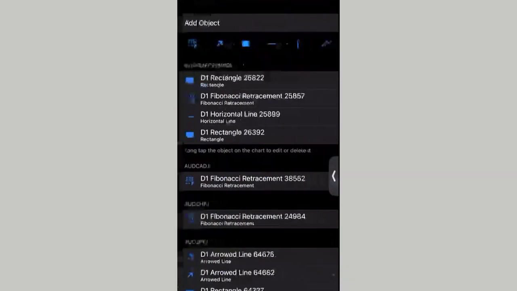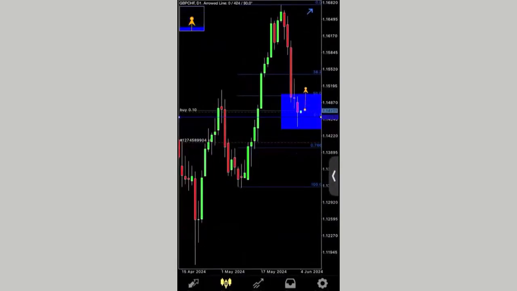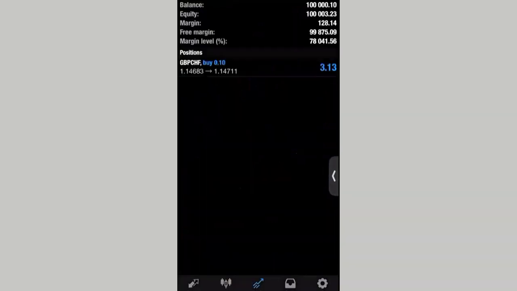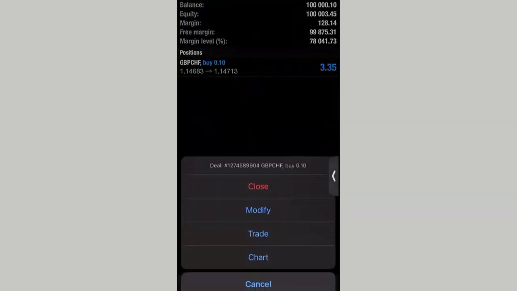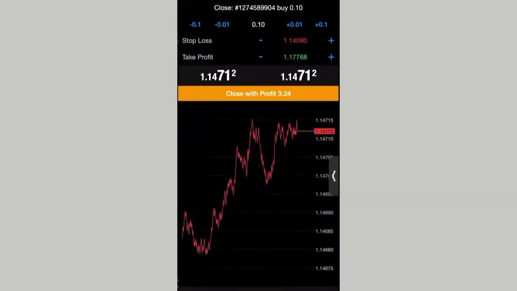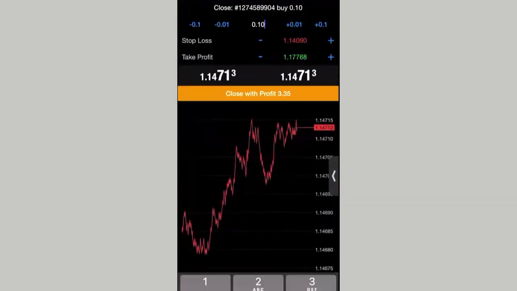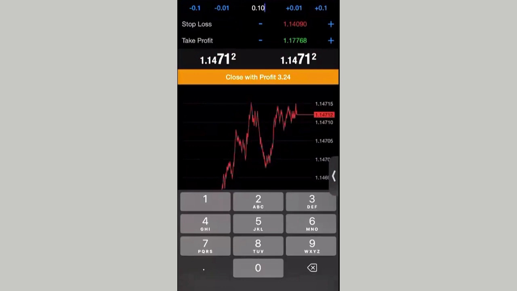So let's say you are involved in the market right now, and the market is up $100 over here. Okay, and then you're like, cool, let me just take out about, you click and hold and click close, and then you update your lot size, how much you want to close. So let's say you want to close about 80%, so that'll be 0.08.